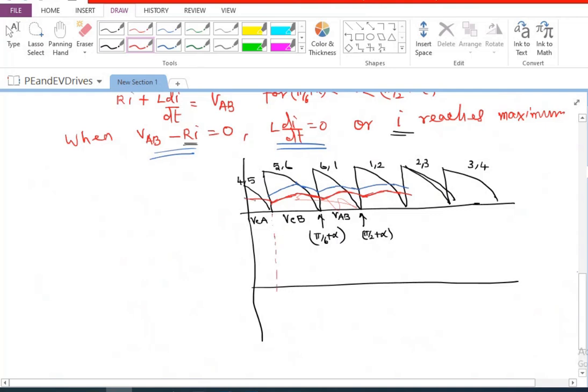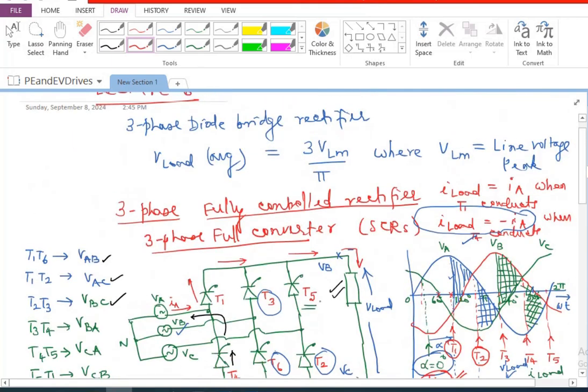So whatever is the current waveform I am getting, I have to draw the opposite of that in the reverse direction. And after that, when 5 and 6 are conducting, please note that 5 belongs to C phase and 6 belongs to B phase.